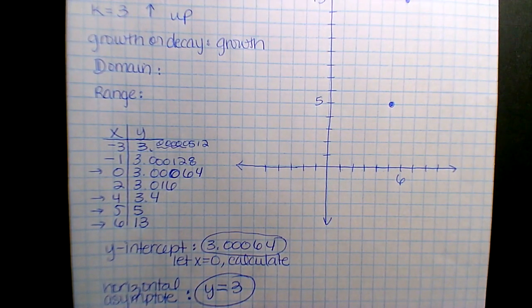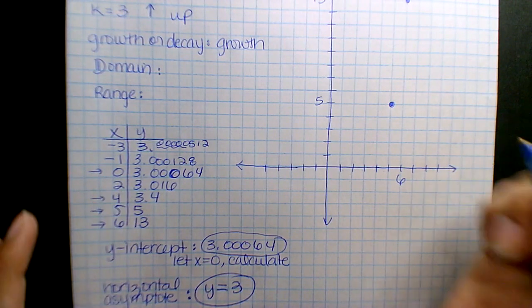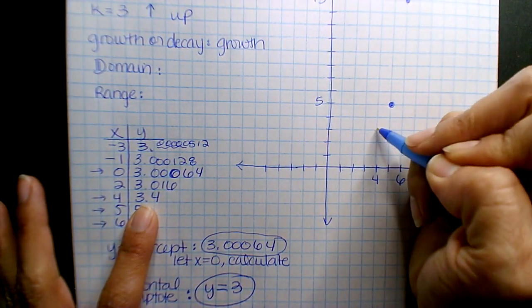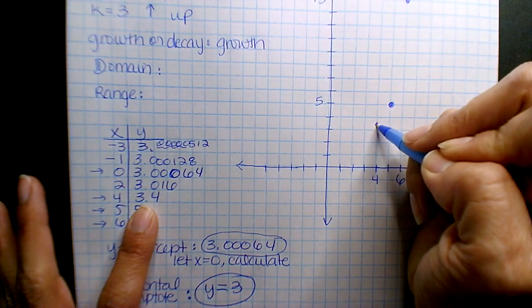I know we're hand graphing. Don't worry if you kind of have to go over it again. You just don't want to go over your asymptote. And I'll show you in a second.